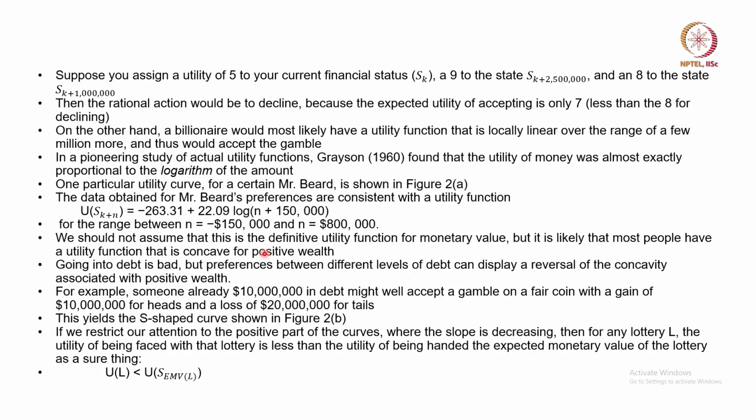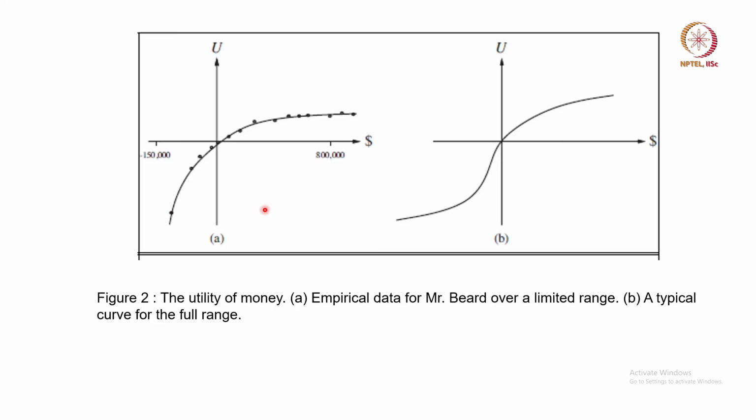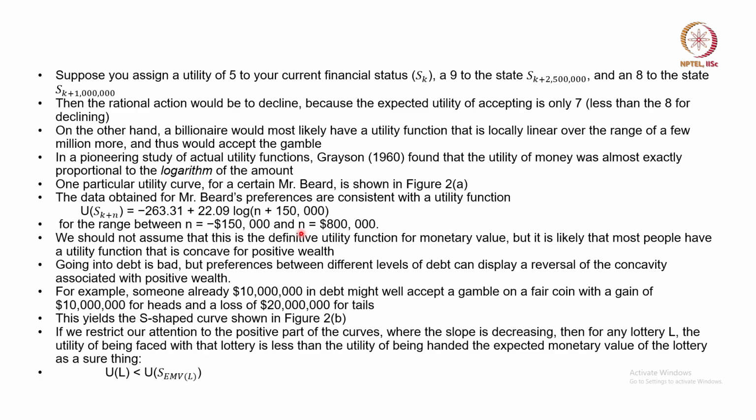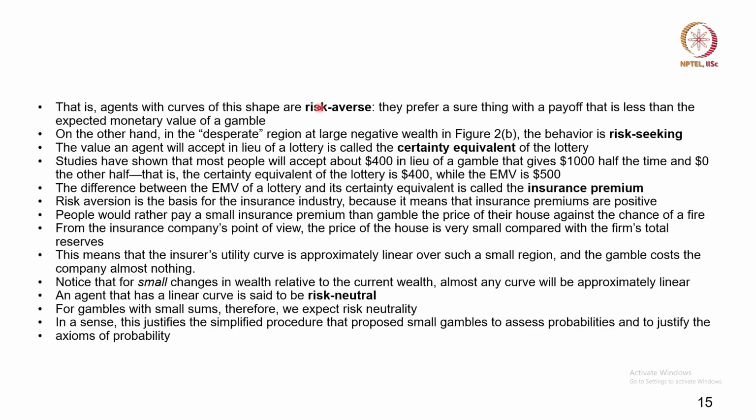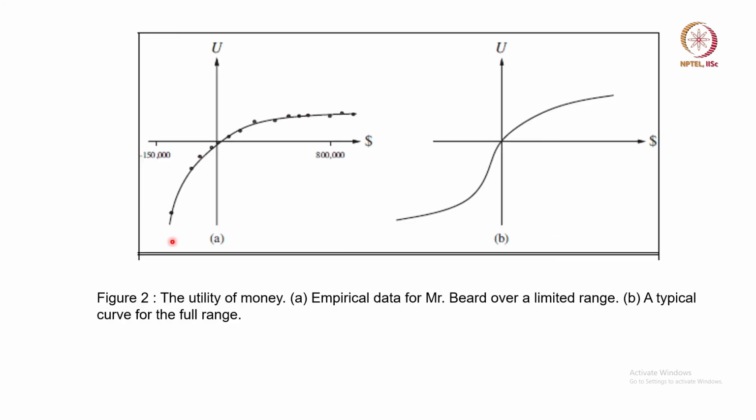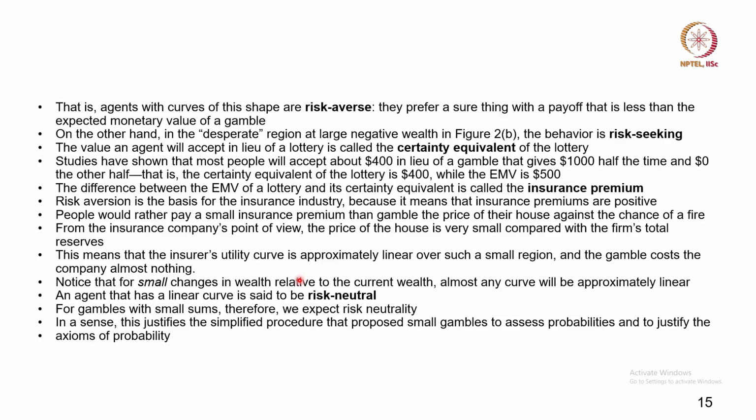If you are in the end parts of this curve, the behavior will actually change. The behavior doesn't remain the same. Agents with curves of this shape, like this concave curve, are what are called risk averse.